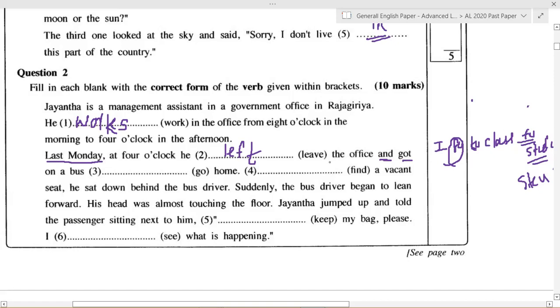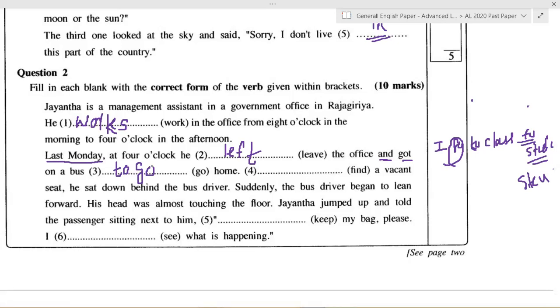Regardless of the fact that the first sentence is in past tense, the second verb should be added with to, as in to go.